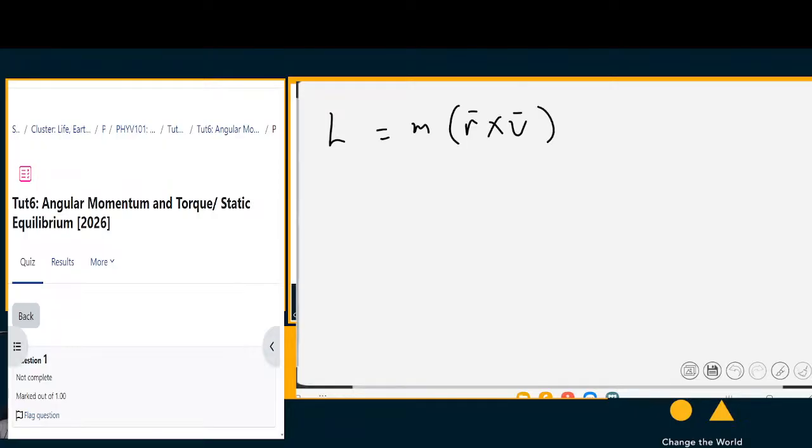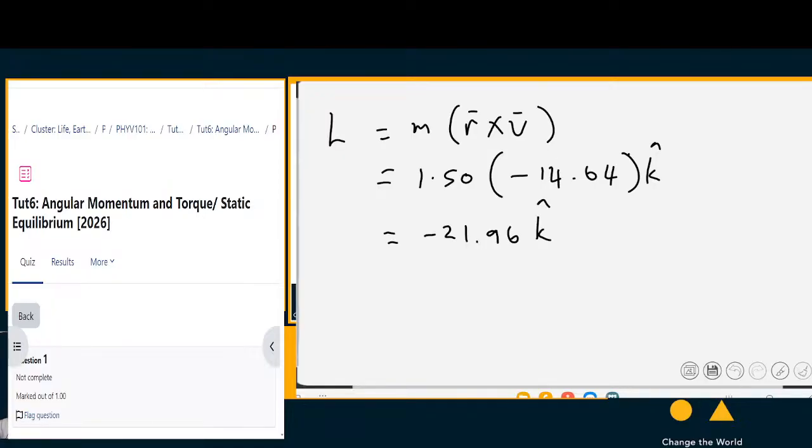So 1.5 multiplied by negative 14.64 in the k-hat direction will give us an angular momentum in the k-hat direction of approximately negative 21.96.